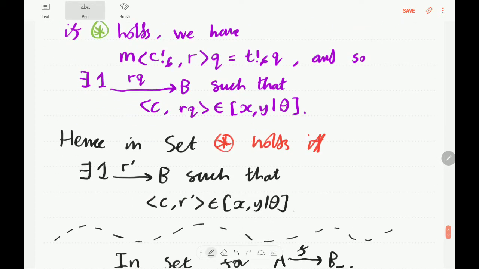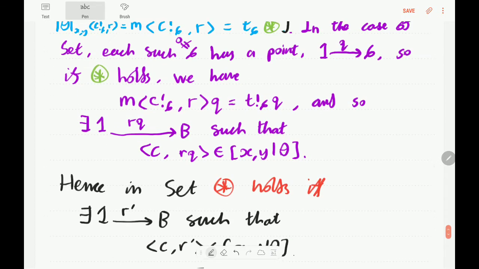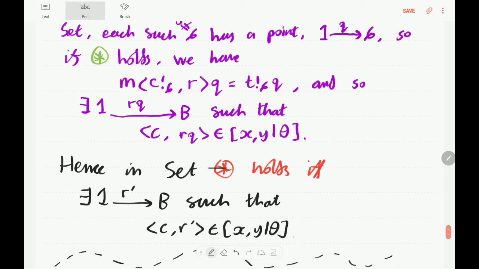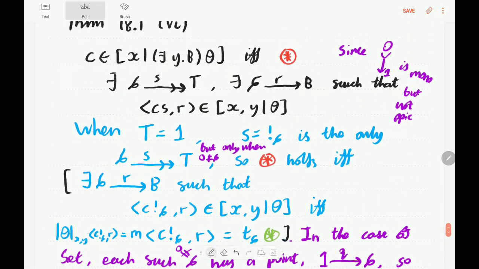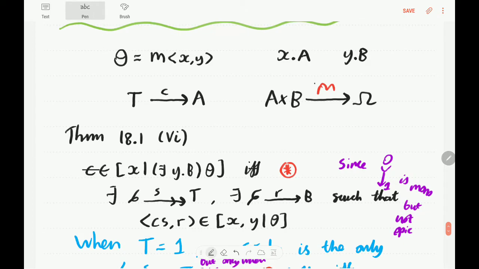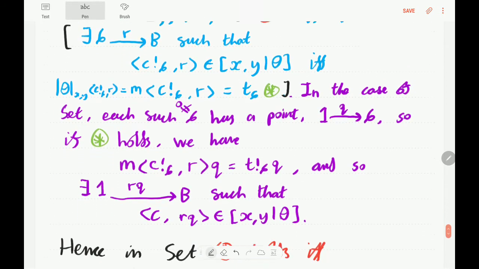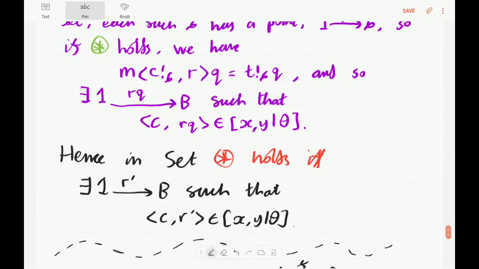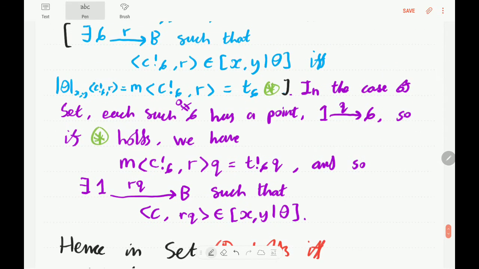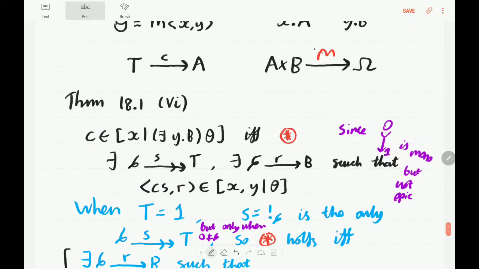And so we can simplify star just to say, the simplified condition is just that when we have a point C in this extension of there exists y such that theta, when working in set, and C is a point, that happens if and only if there exists a point R dash of B such that C R dash is in this extension, which makes a lot of sense, right?